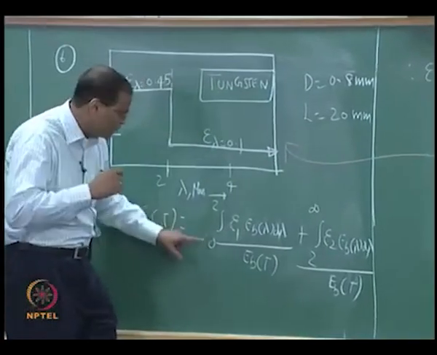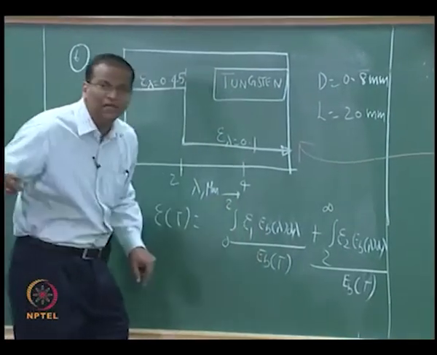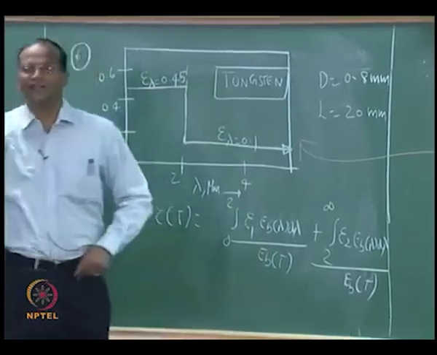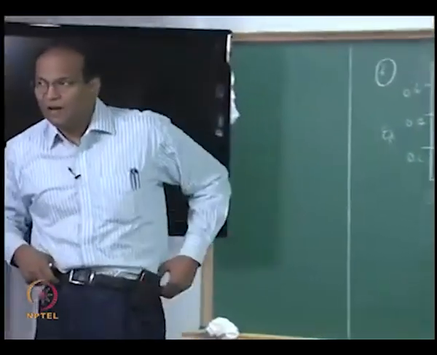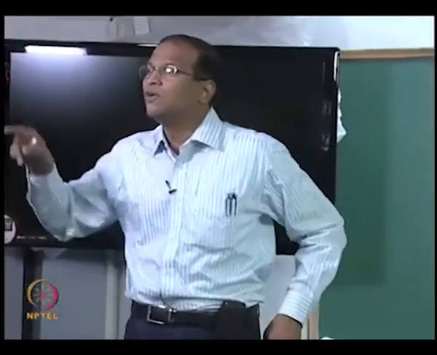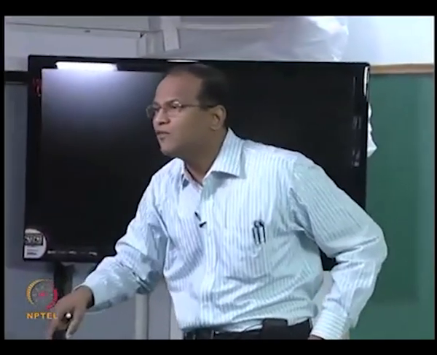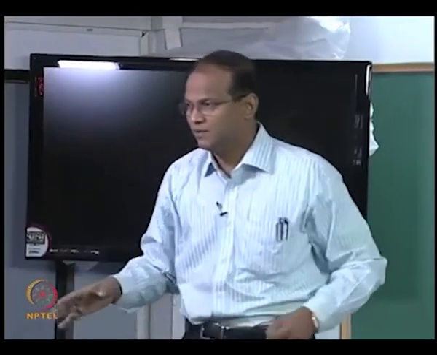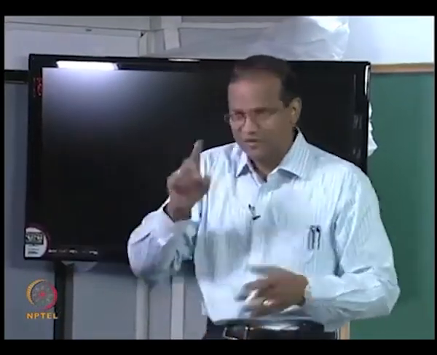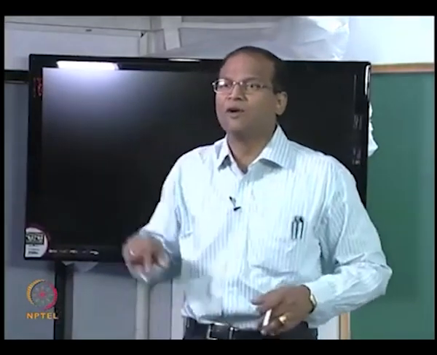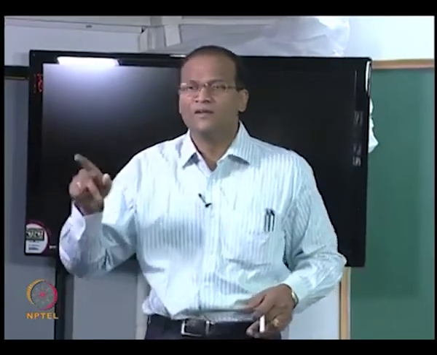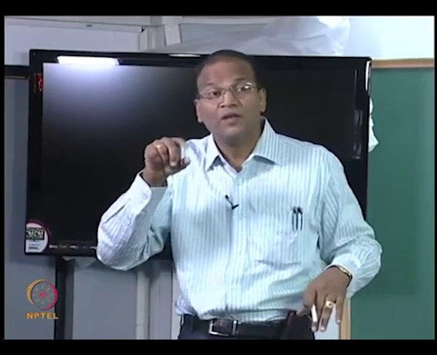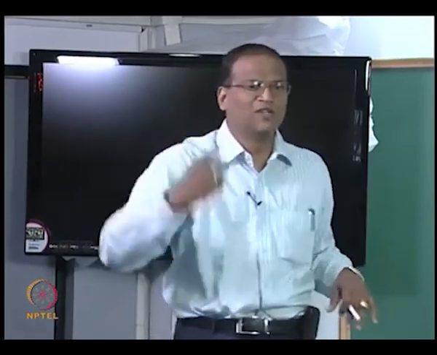But what is this fellow, 0 to 2 E B lambda divided by E B T? That's where I will come again. 0 to 2, E B lambda divided by E B of T, that is f of 0 to lambda. I mean 0 to 2, that is f of lambda 1 to lambda 2. The second is 2 to infinity, that is lambda 2 to infinity.